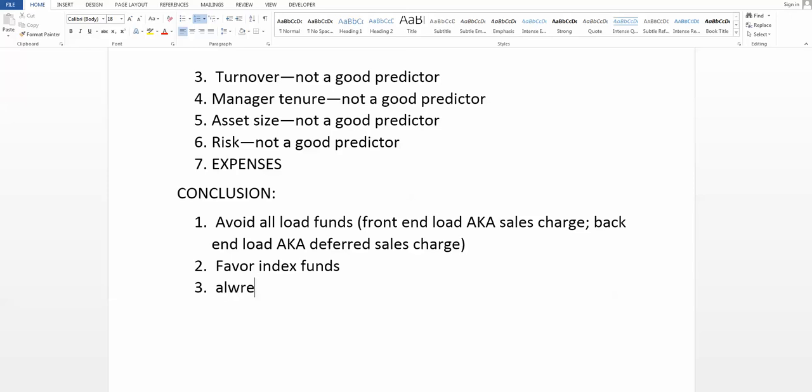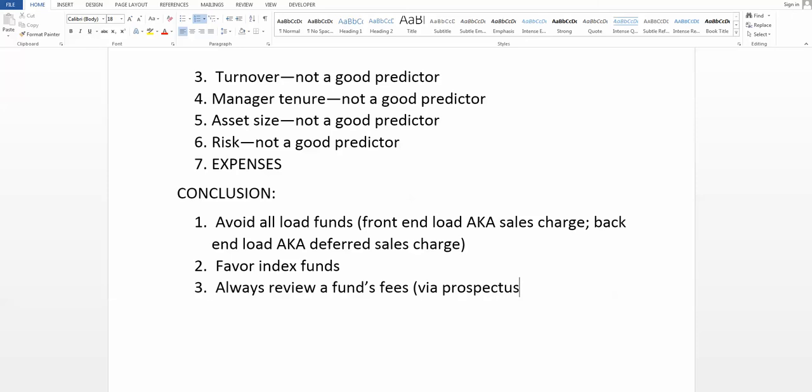Always review a fund's fees. They don't actually phrase it exactly this way, but that's what they're getting at. Always review a fund's fees via the prospectus, which is available on Morningstar.